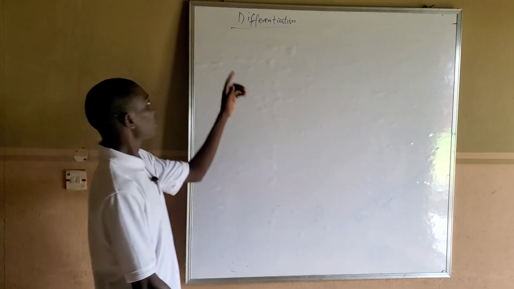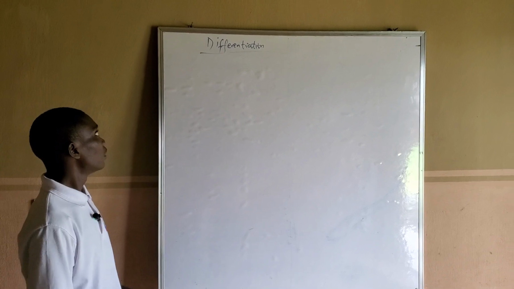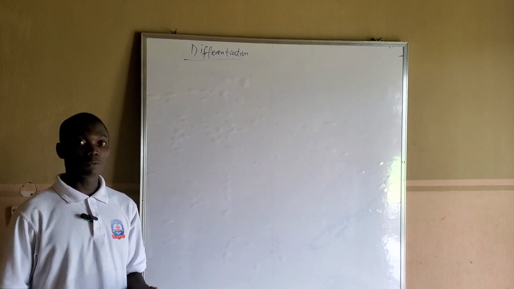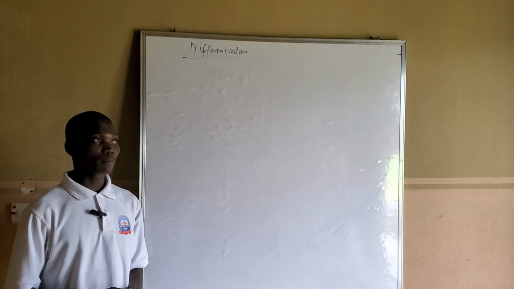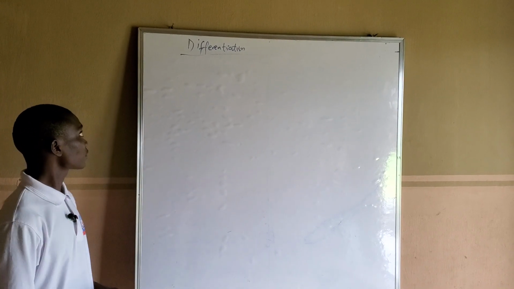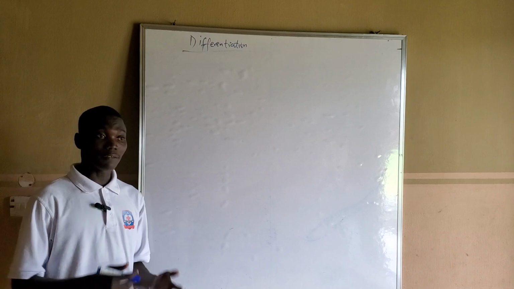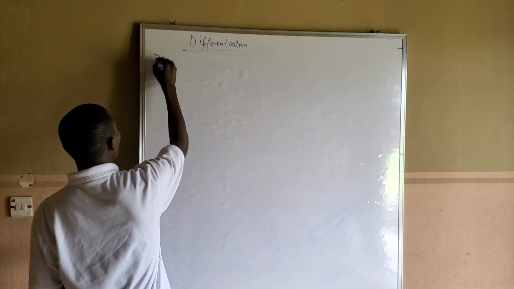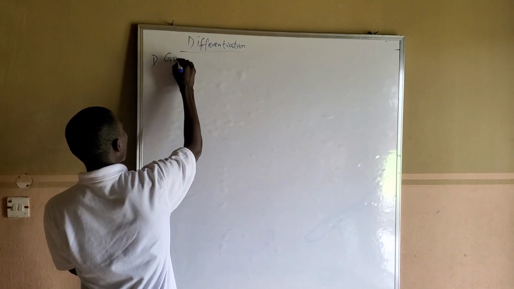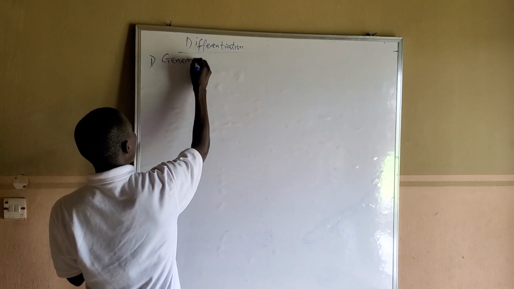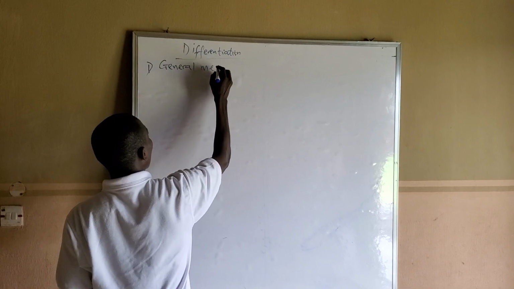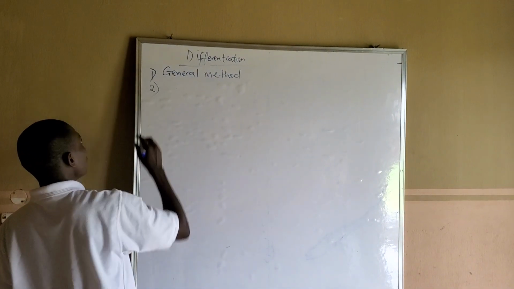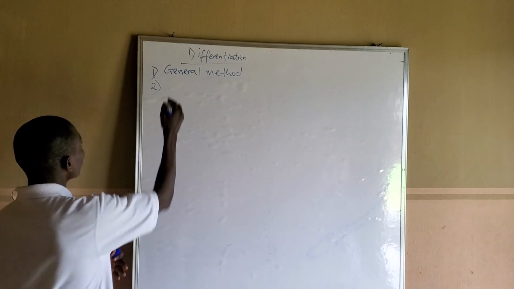Today, we'll be looking at differentiation, and there are different ways in which we can solve the questions under differentiation. I will list 6 ways by which we can solve questions under differentiation. The first one is using the general method. The second one is using the first principle.